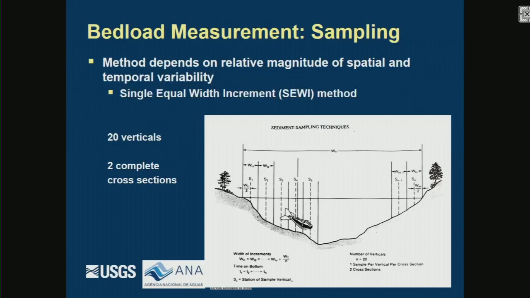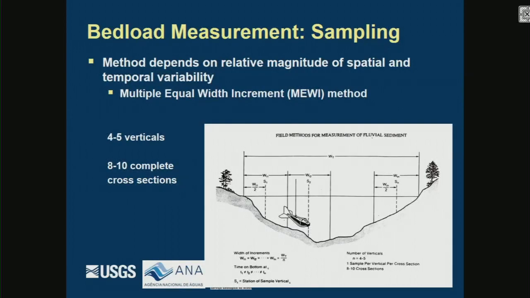This is set up the way Molly had described the EWI. Here's an example where instead of 20 verticals, you do 4 to 5 verticals and then you do more of the cross sections. Again, with the bed load being more erratic and irregular, it takes a bit more to get a representative sample.